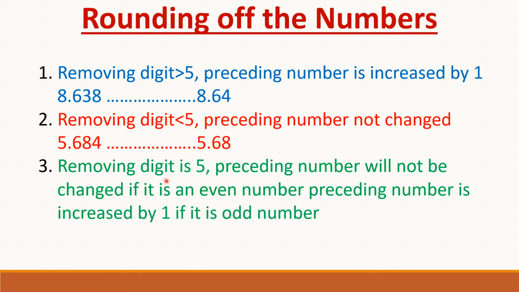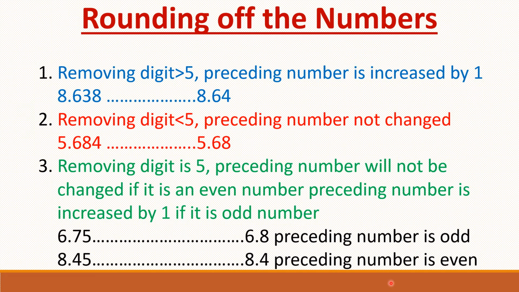And the last rule: if the removing digit is 5, the rounding off depends upon the preceding number, whether it is even or odd. If it is an even number, the number stays as such in the final result. If the number is odd, the preceding number is increased by 1. See here, 6.75.